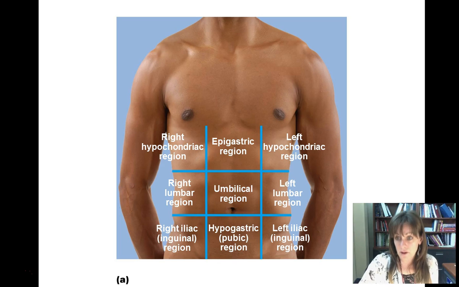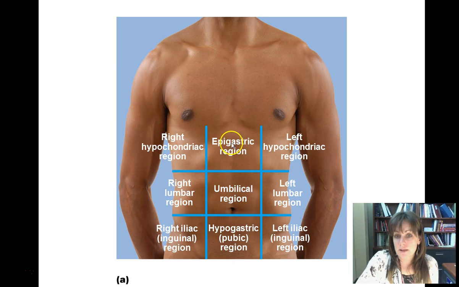Bread and butter of health professional fields. Okay. So I think the easiest one to start with is the umbilical region. Okay, so umbilical region, guess what? It's going to be right near your belly button, right where the umbilical cord used to be.